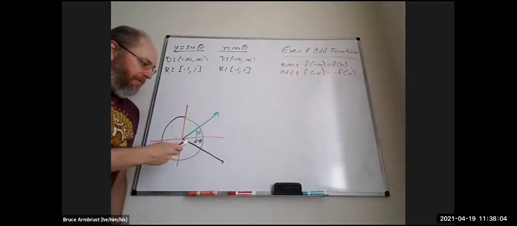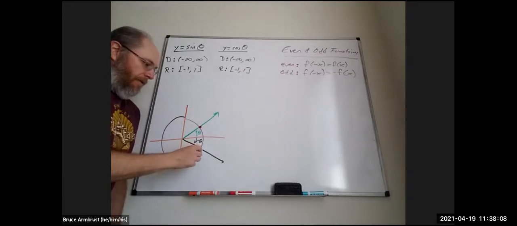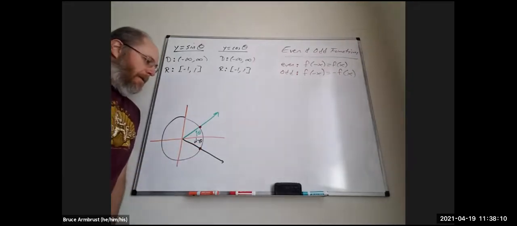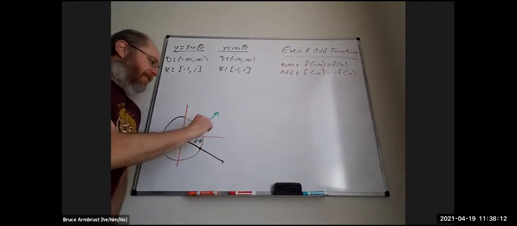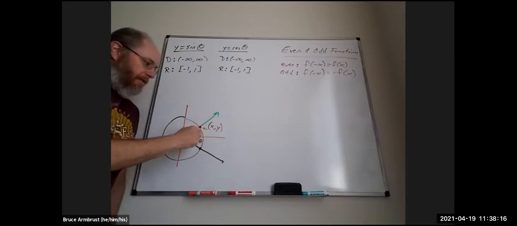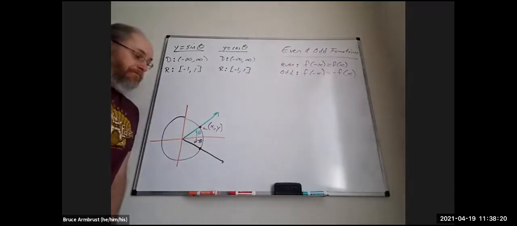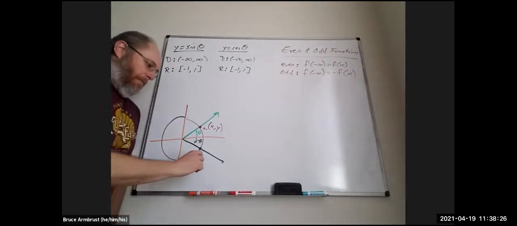Okay, so let's think about these 2 points. Now, I'm just going to call this guy generically x comma y. What would the coordinates be of the other one? Would it be negative x and, wait, no. Would it just still be x and y?